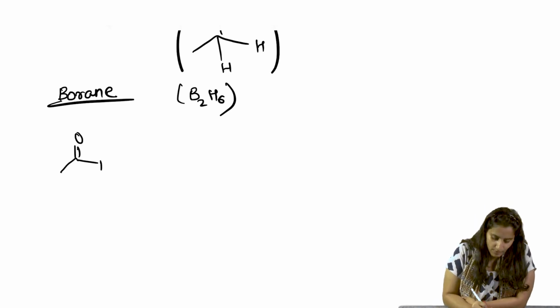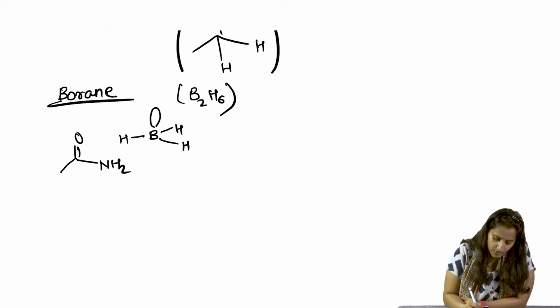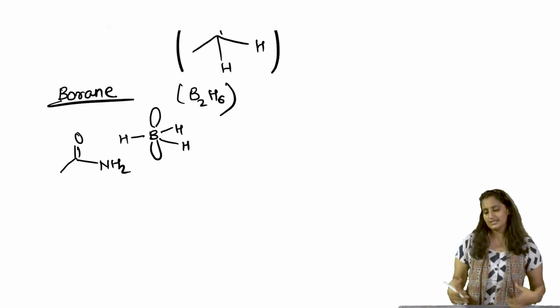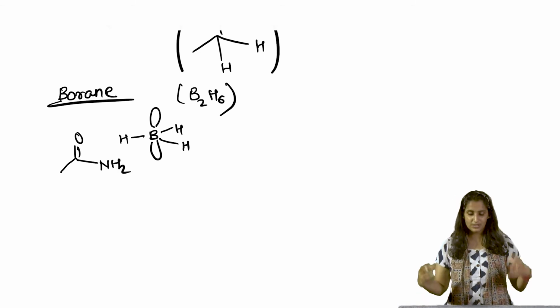I am going to start from an amide. Okay. Now, amide and we have borane. Now, let us write down the structure of borane. I am going to simply take BH3 for simplicity's sake, but remember it does not exist as BH3, it exists as B2H6 as a dimer.